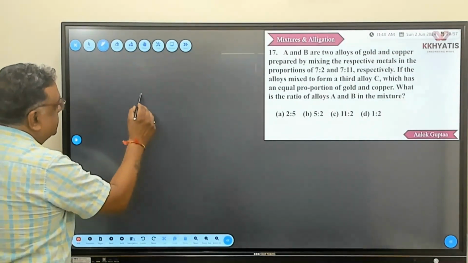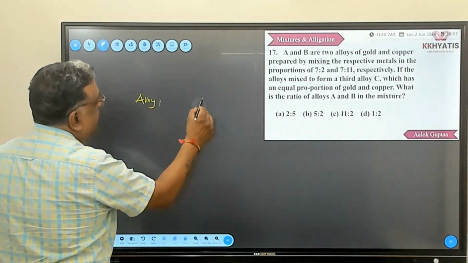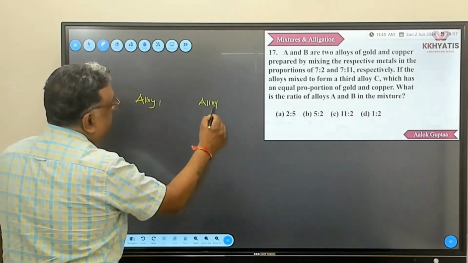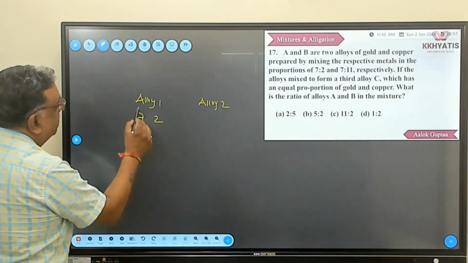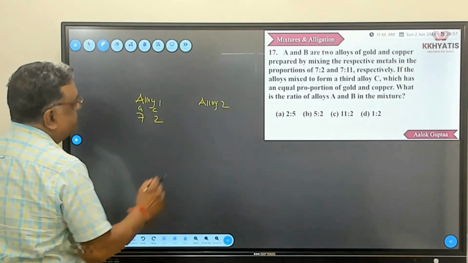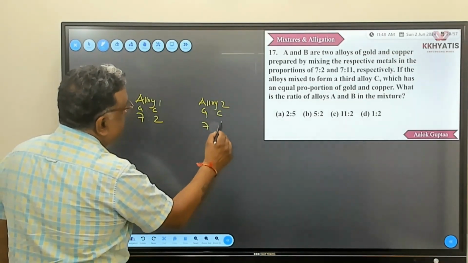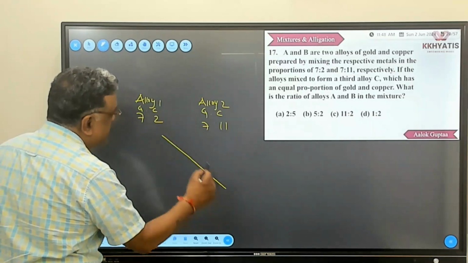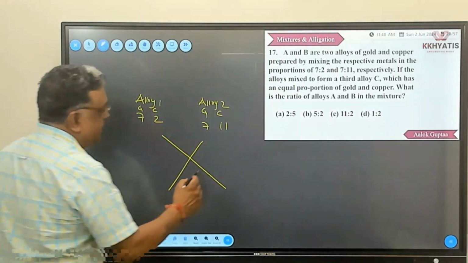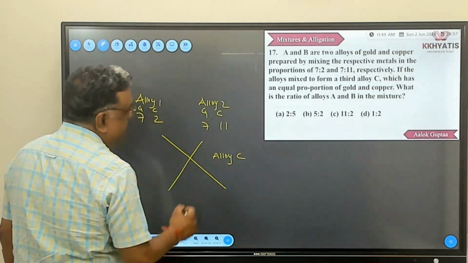So what they've asked is, there is alloy 1 and there is alloy 2. Gold and copper are in the ratio 7:2 here, and here gold and copper are in the ratio 7:11. Now both these alloys are mixed and an alloy C is formed.